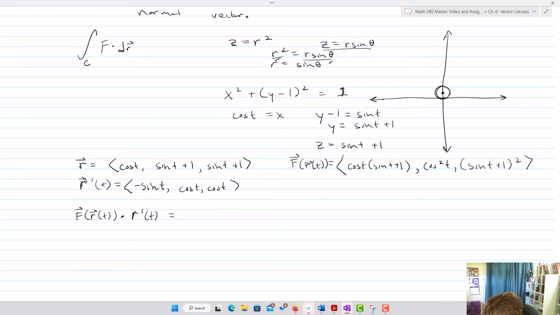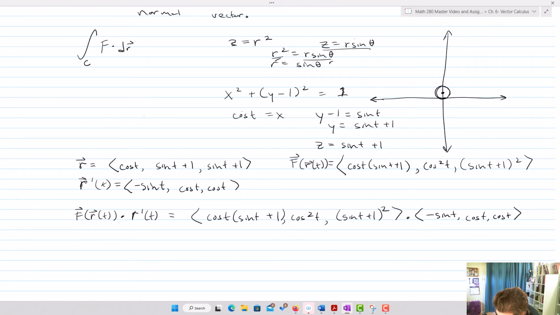And that's going to equal cosine t, sine t plus 1, cosine squared t, sine t plus 1 squared, dotted with negative sine t, cosine t, cosine t.